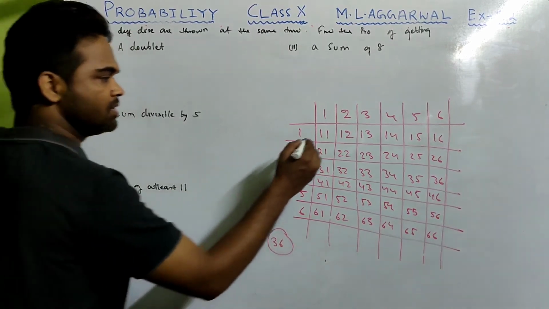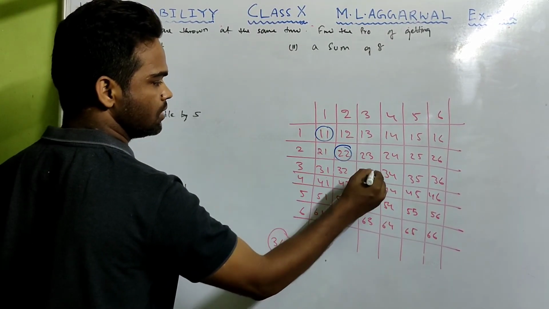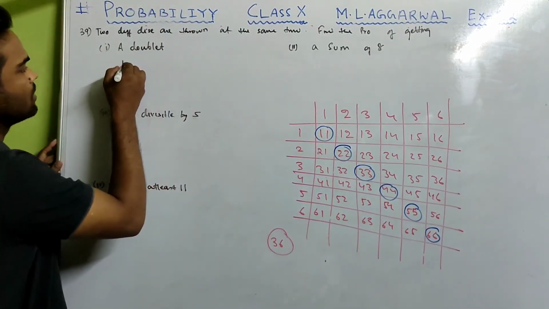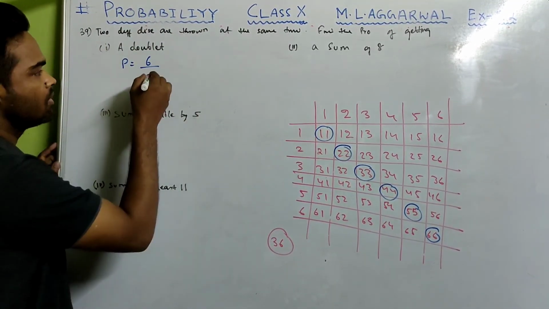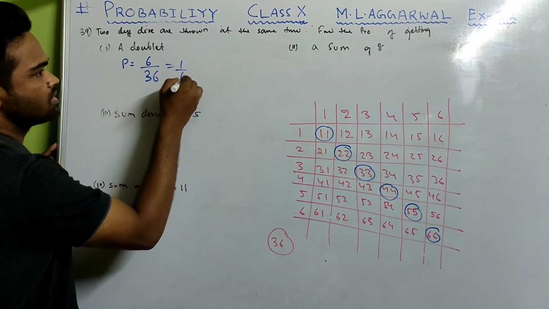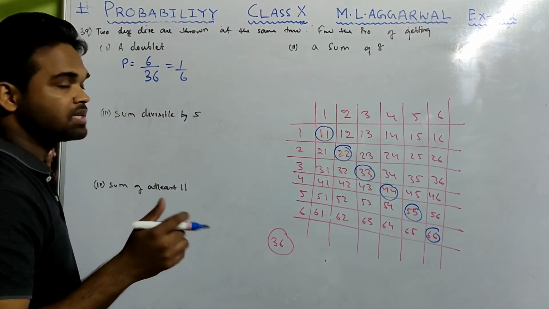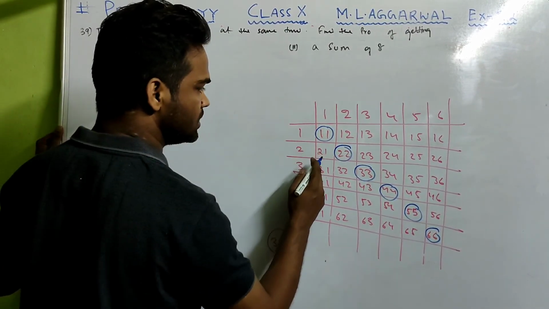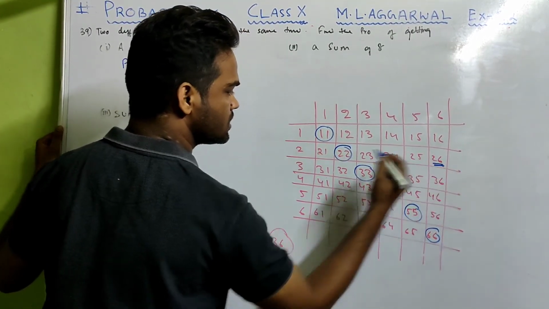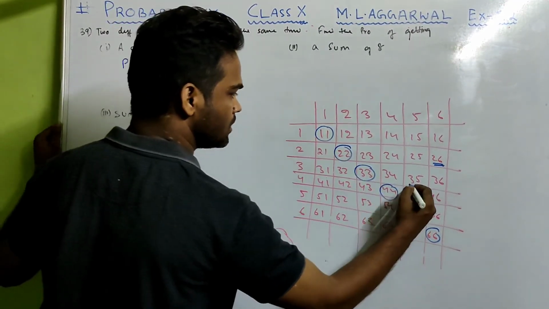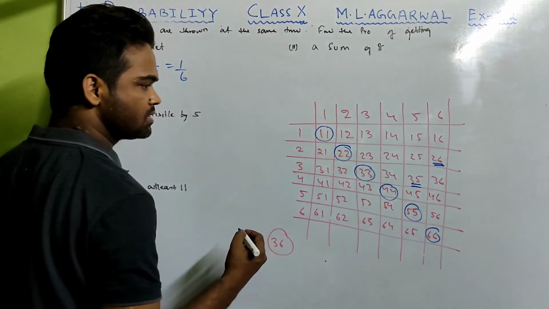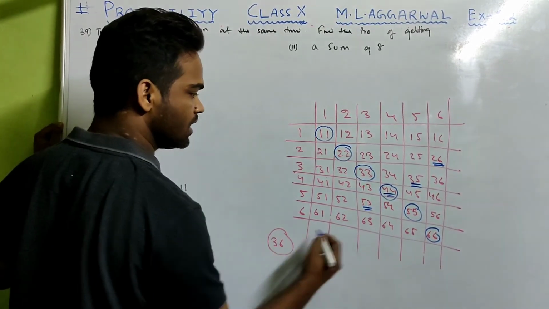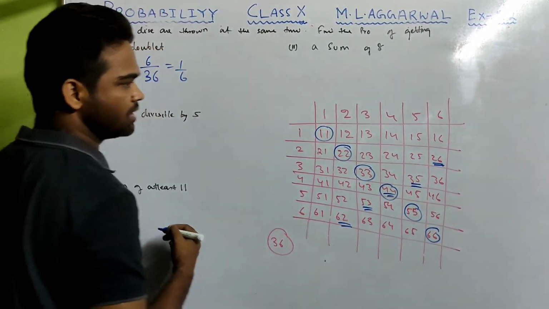A doublet. Doublet means on both the faces you have the same numbers, which means 6 favorable outcomes out of 36. That's 1 by 6. A sum of 8, which means when you add, you should get 8. 2,6 qualifies. 3,5 qualifies. 4,4 qualifies. 5,3 qualifies. 6,2 qualifies.